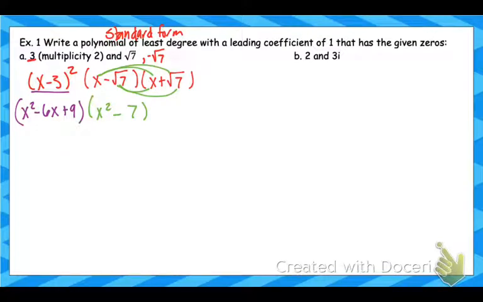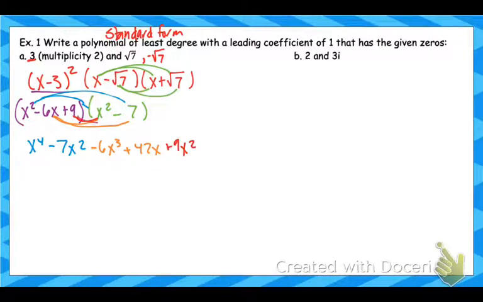Then at this point, again, it's just simple FOILing. We're just going to multiply this whole thing out. So x squared times x squared, minus 7x squared, minus 6x cubed, plus 42x, plus 9x squared, minus 63.